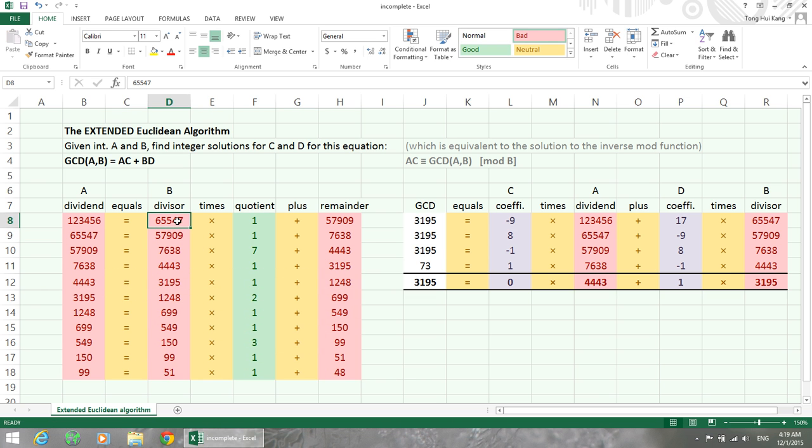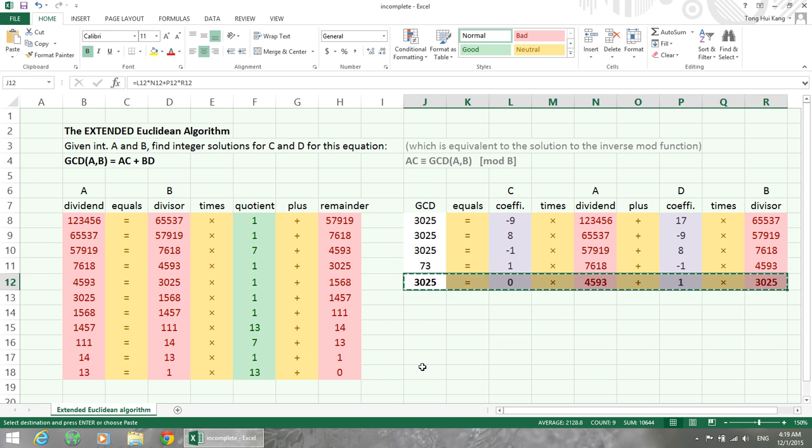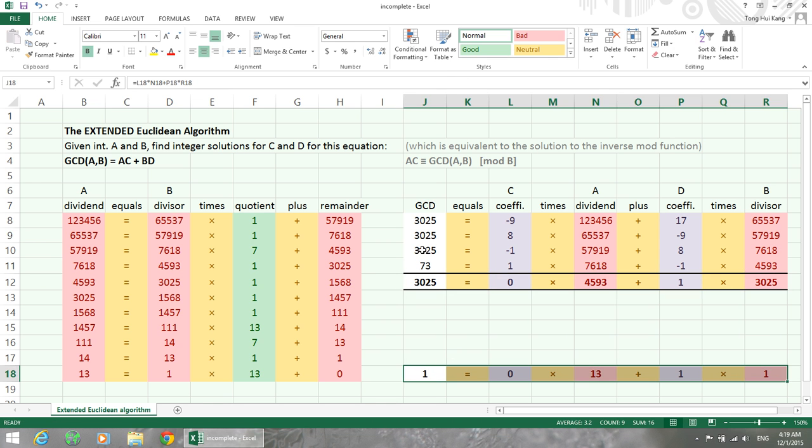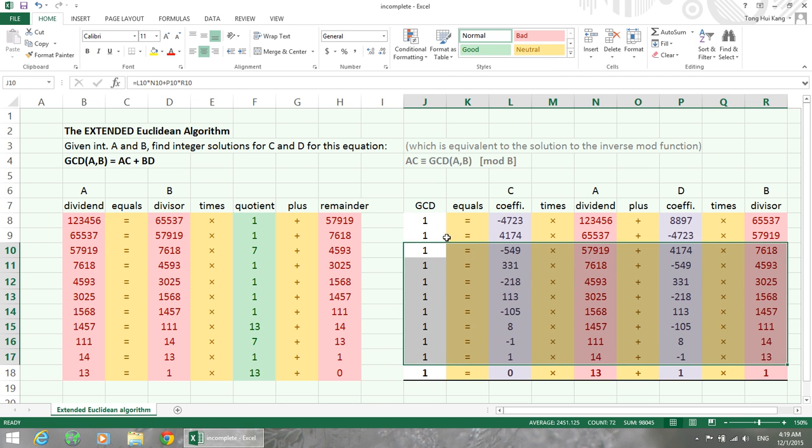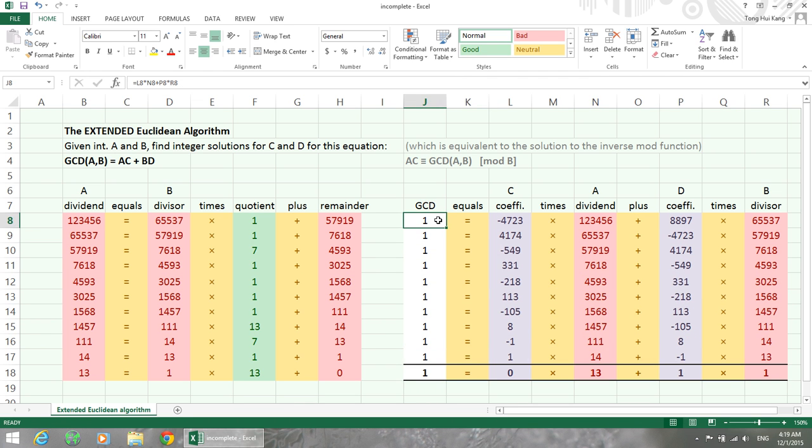No, 65537, not 655. There. And now we move the bottom line of the extended Euclidean algorithm down, and we fill up the middle. There we go. The solution confirmed.